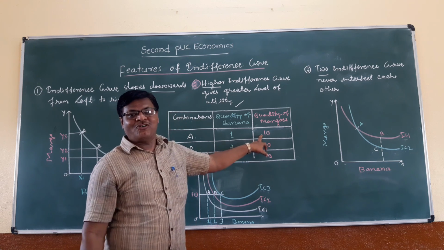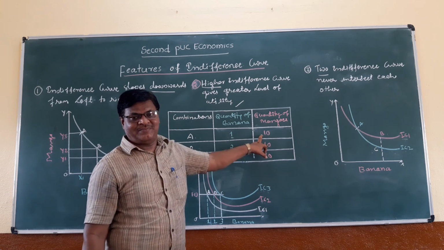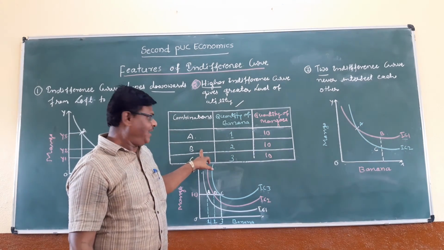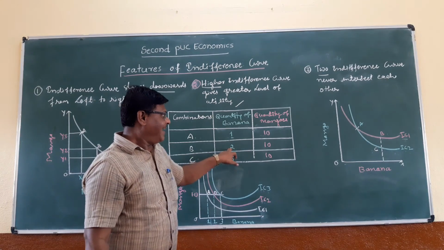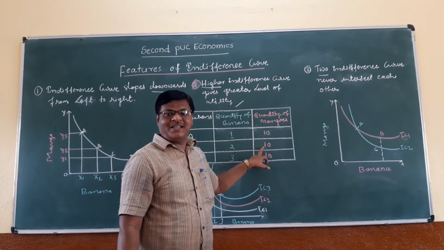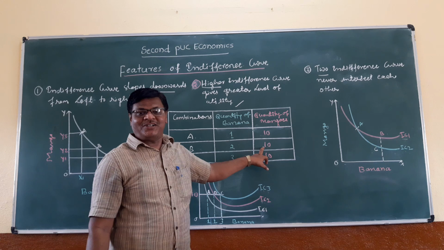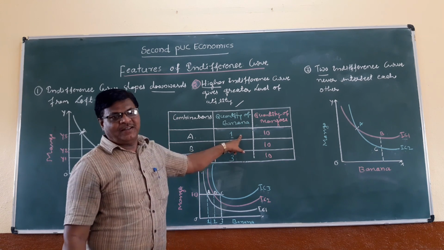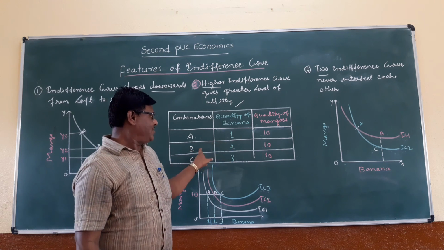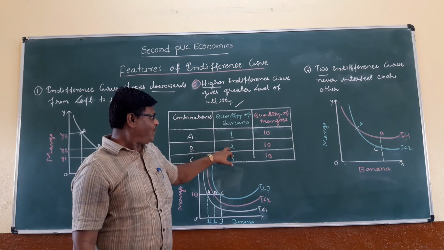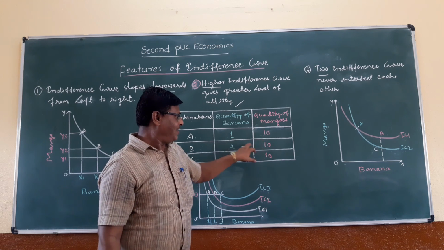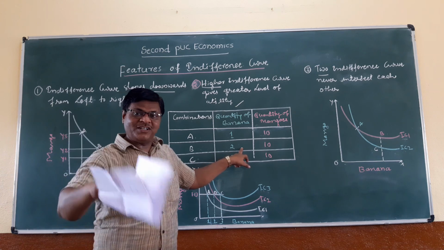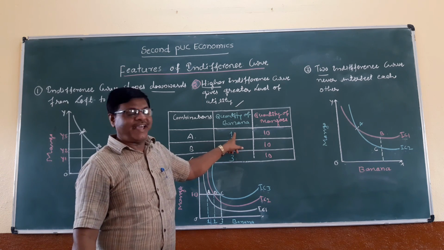Combination B, 2 bananas and 10 mangoes, gives more satisfaction to the consumer than combination A, because combination B gives more utility.